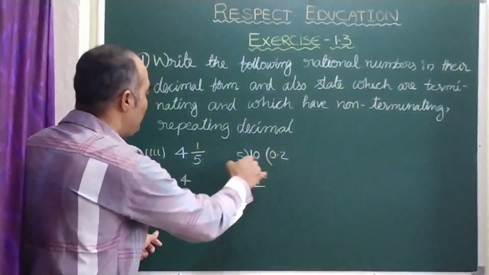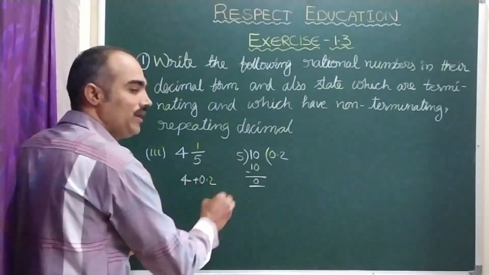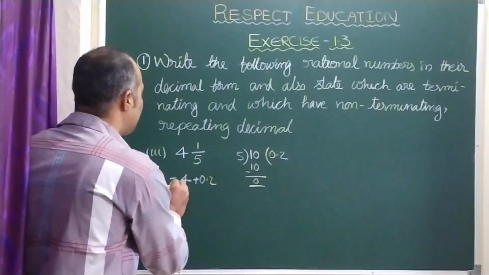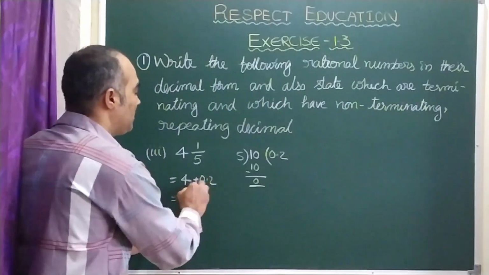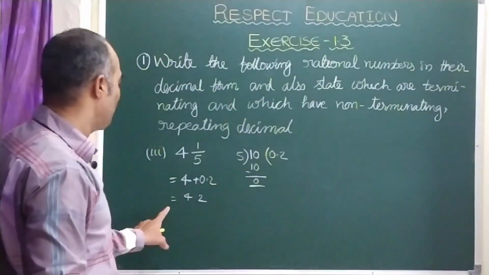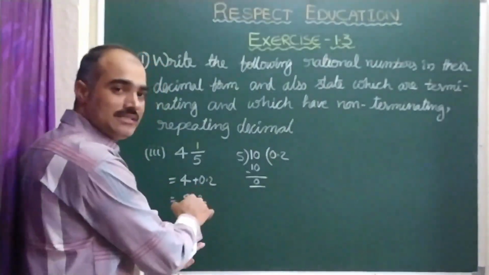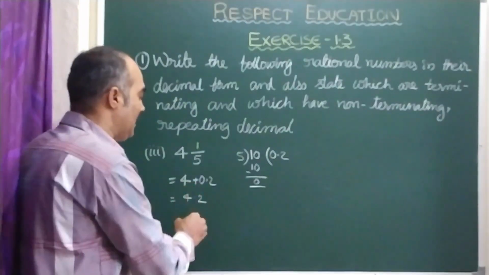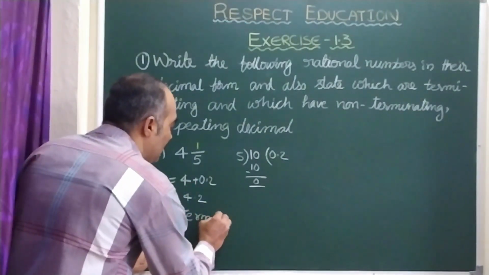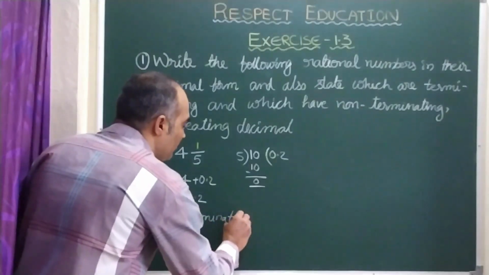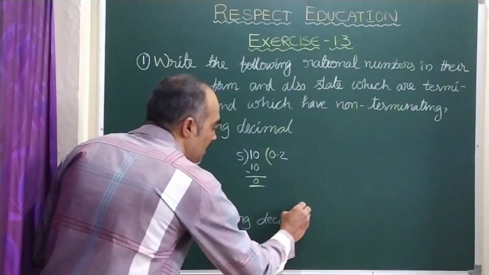So this 0.2 can be added to this 4. 4 plus 0.2 becomes 4.2. You see it has an ending, so this is also called a terminating decimal.